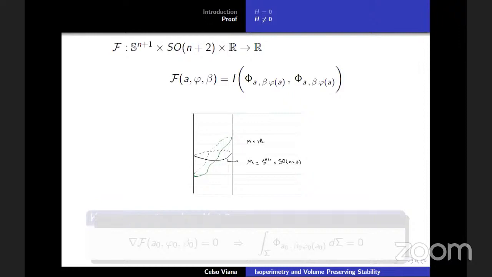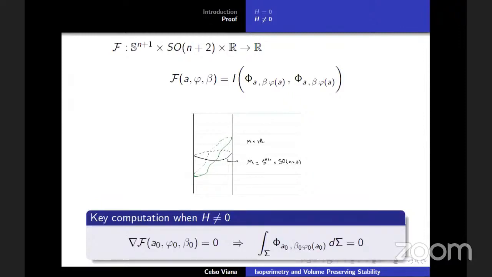And the key computation that we did was to show that if you have a critical point for this functional, then that implies that the integral of the vector field psi defined earlier is zero, so the vector field is balanced.